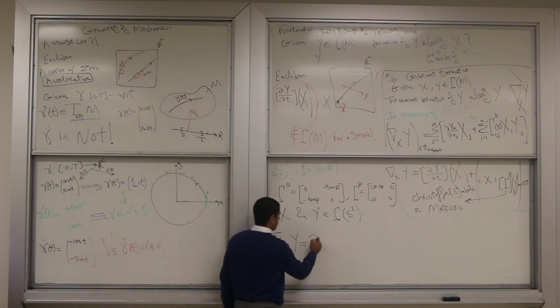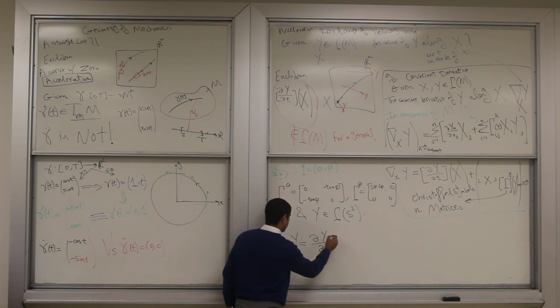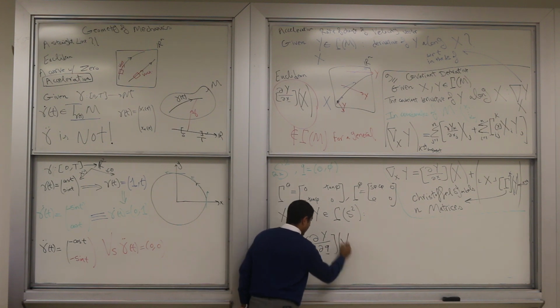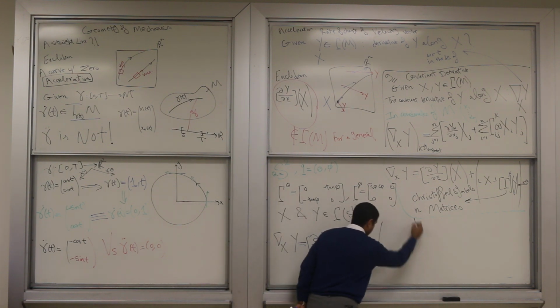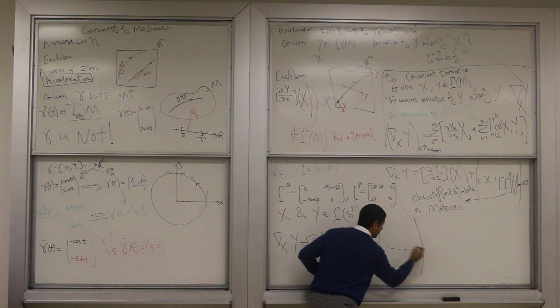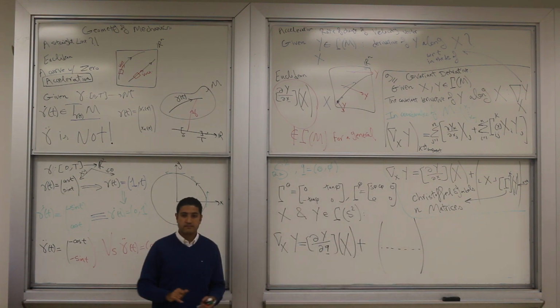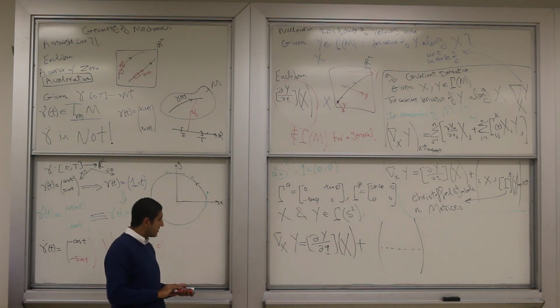So this is simply you go and differentiate your Y with respect to all the coordinates, x's or q's or whatever, times your X, plus this guy, which is a 2-element vector.